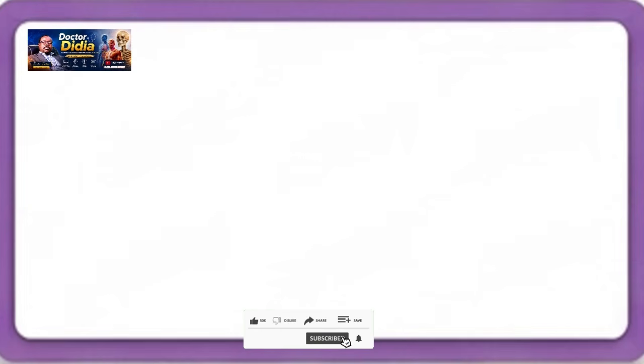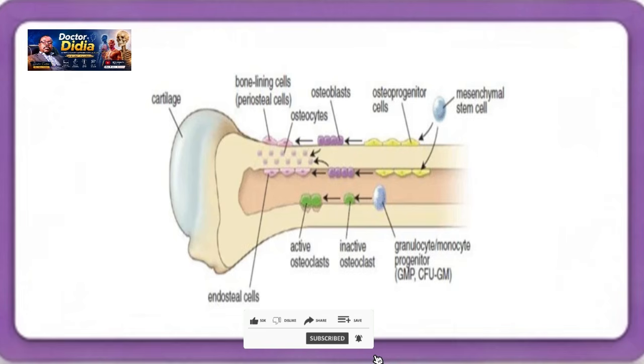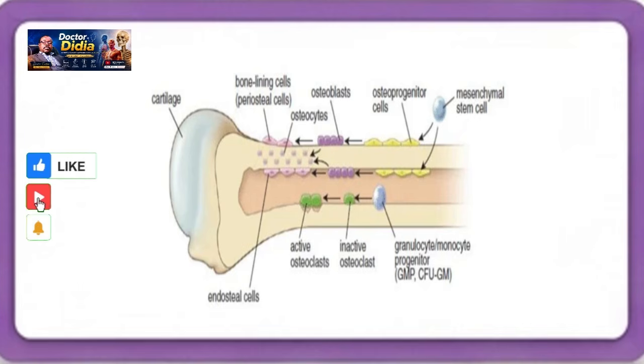Now, the cells lining the surfaces of bones, they are flat, inactive osteoblasts that cover the majority of adult bone surfaces, where no active remodeling is taking place. They are derived from osteoblasts that have finished their bone building and act as a physiological barrier and a vital reservoir or reserve source for new bone forming cells.